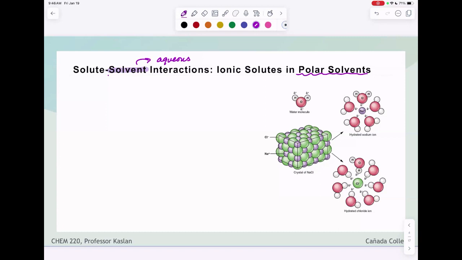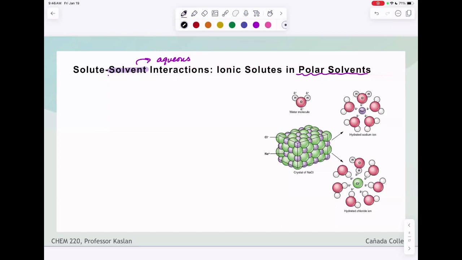So what is going on between one type of solute, here the ionic solute, that the polar solvent water can dissolve? Like what's happening in terms of the interactions between those solute and solvent particles that allow for these things to create a solution?